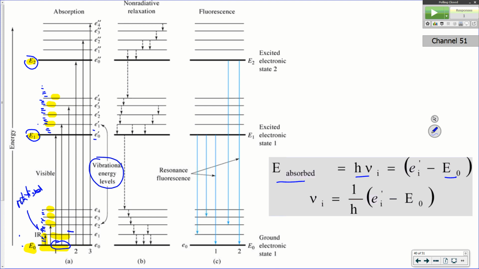So more likely, you're starting off from one of these levels. It's an electronic ground state, but vibrationally and rotationally, it's not going to be a ground state. You get excited up to a higher energy level, and it can absorb at one of those many different points.